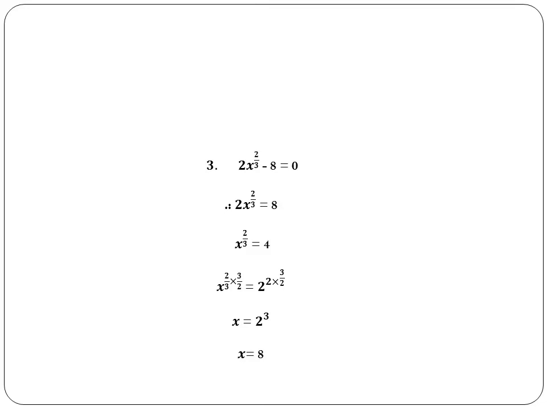So therefore we are going to have x to the power 2 divided by 3 times 3 divided by 2, which is 1, is equal to 4 to the power 3 divided by 2, that is 2 to the power 2 times 3 divided by 2. 2 to the power 2 is 4. So therefore 2 will cancel 2, and we will be left with 3. 2 to the power 3 is what? 8. So x is equal to 8.